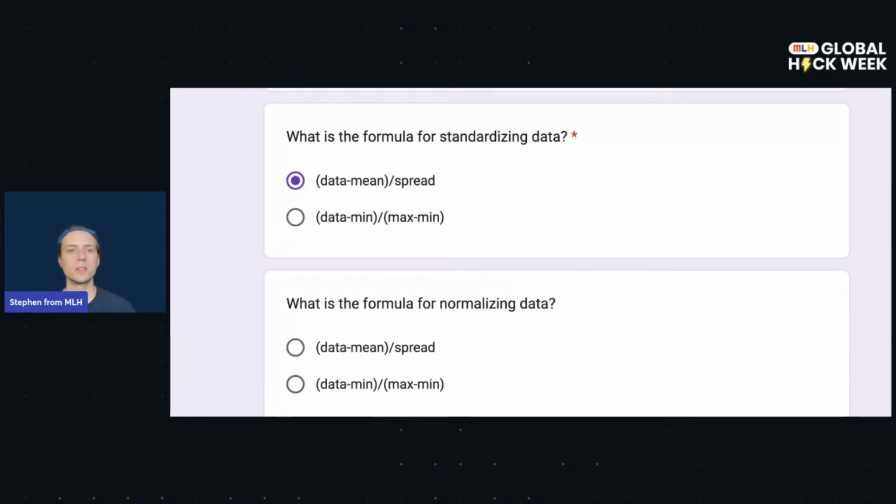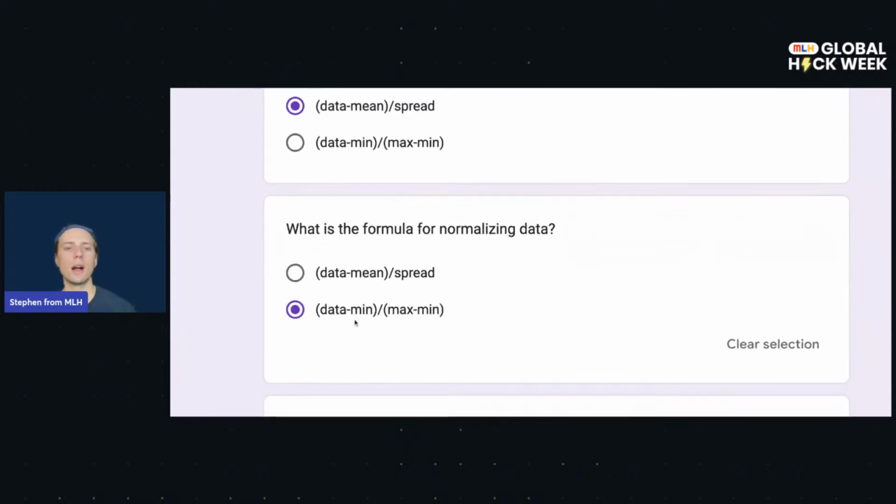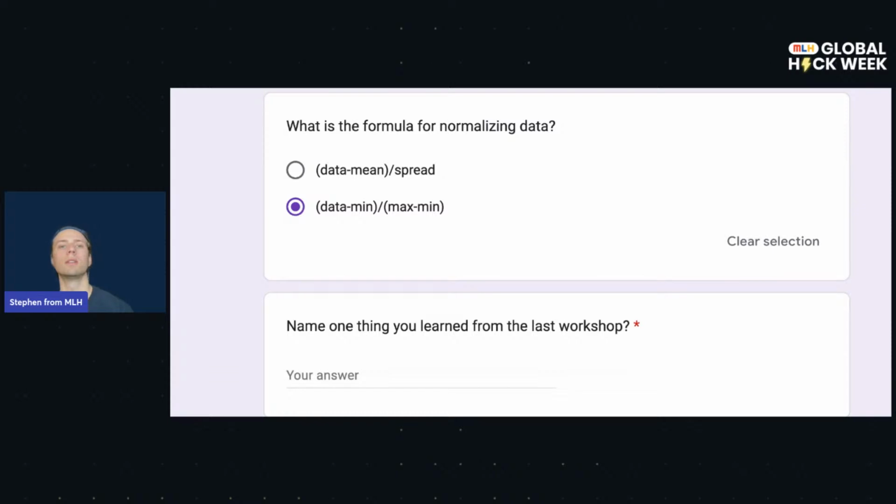And then what is the formula for normalizing data? Well, it's the other option, data minus min divided by max minus min. And, you know, other folks will give you other formulas for normalization. It's totally possible to have a different formula. But in most cases, this is the formula.